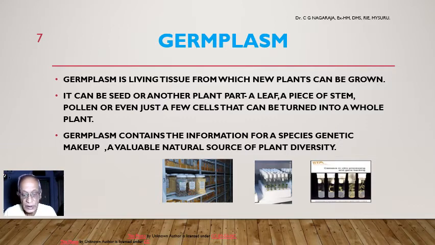You can see there are 3 diagrams given there. In the left one, seeds are collected. Very good yielding seeds are collected, and they are called the germplasm. In the second one, they have collected tissues, and tissue culture is going on for the well-known species, what you call super progenies. And in the third one, small cells are collected and kept in a library.